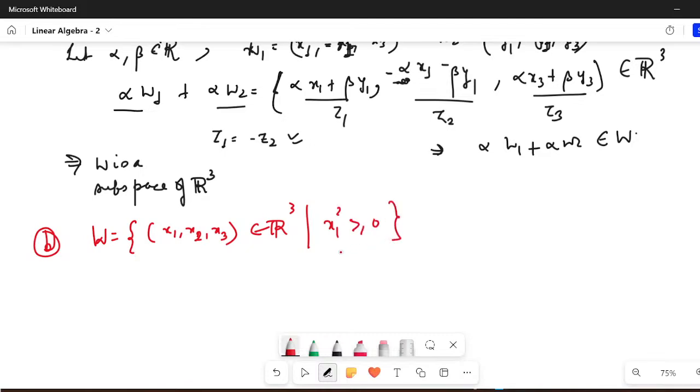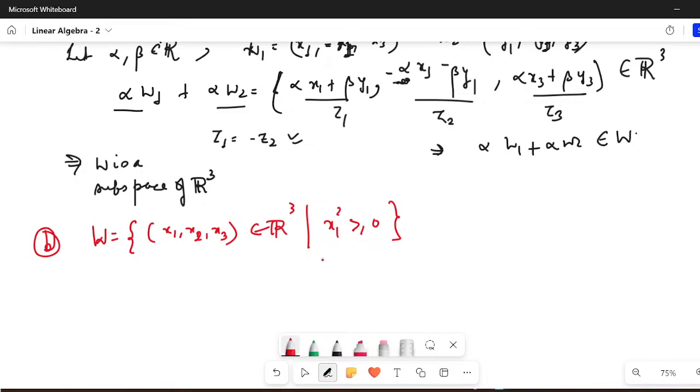Now you see, we understand one thing is quite clear. Okay, so let us take any. Okay, so should I verify that way? Okay, I can verify that way also. Okay, so I know that x1 square is greater than or equal to 0.